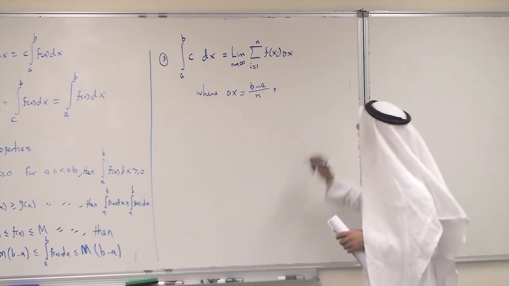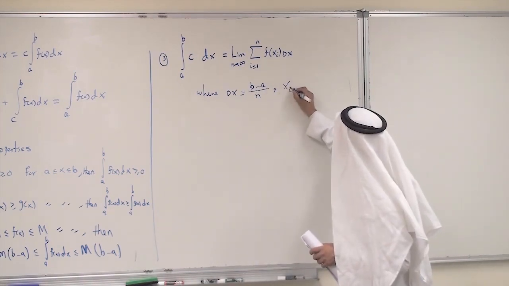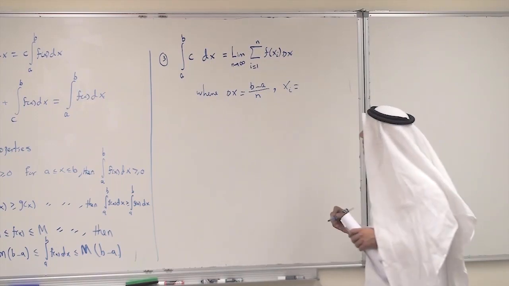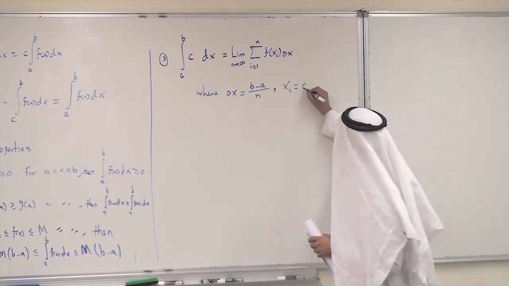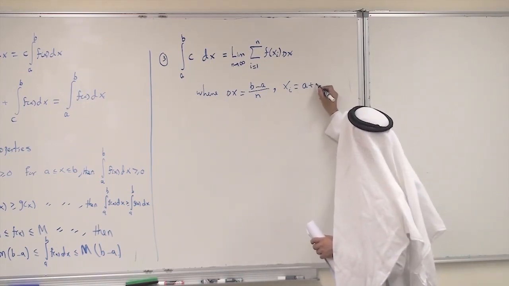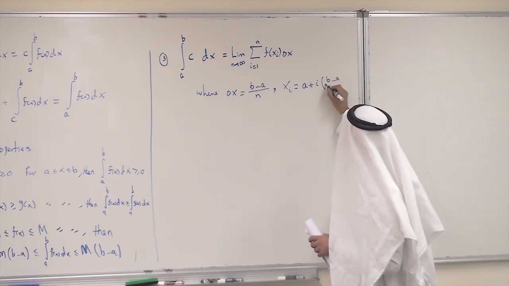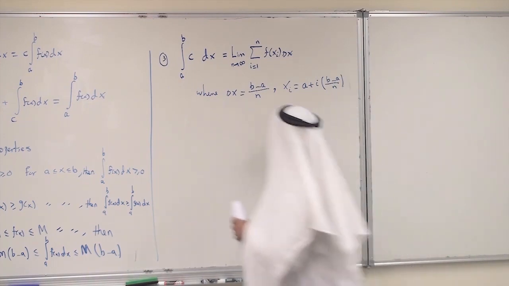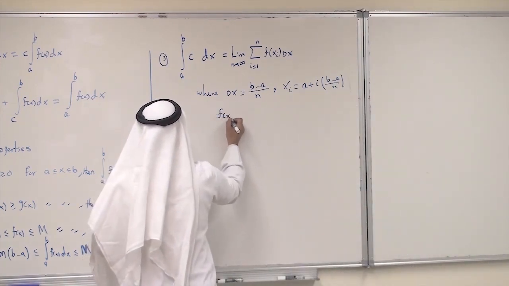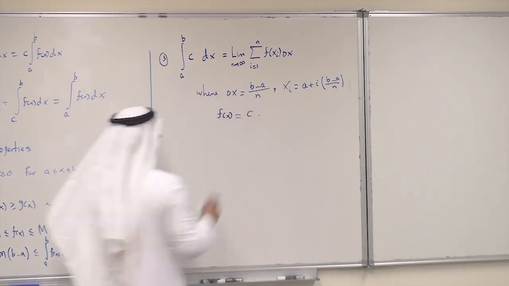Then, what are the xi's, the sample points, the right endpoints of each subinterval? This will be a plus i delta x, where delta x is b minus a divided by n. Now, what is the function we have here? It is the constant function, which is c.